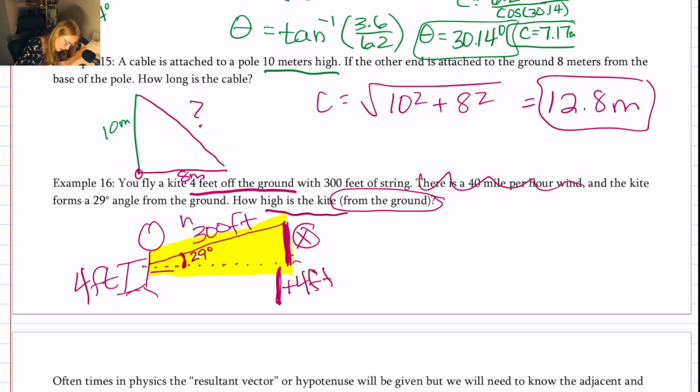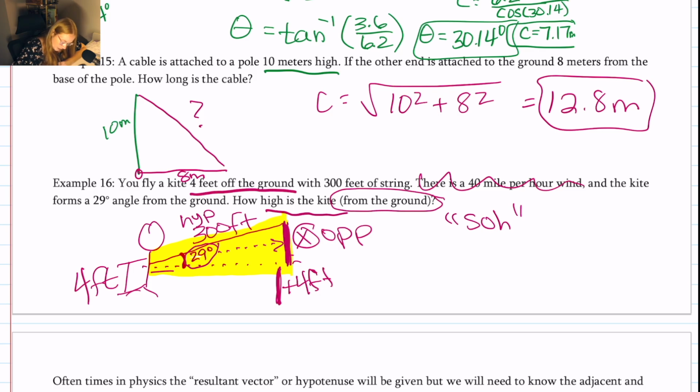We have the hypotenuse. We have this angle, and let's look at what side that is. It is opposite, right? So think about your components. You have opposite, hypotenuse. Which trig function is that? That's sine, right?